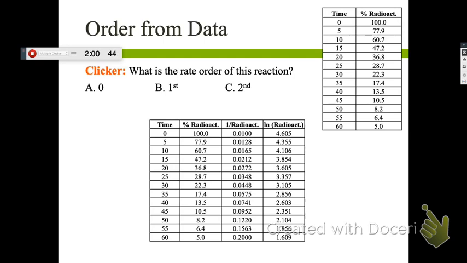Yeah, so this is second. Since this one's linear, the break off. Expand your capabilities.